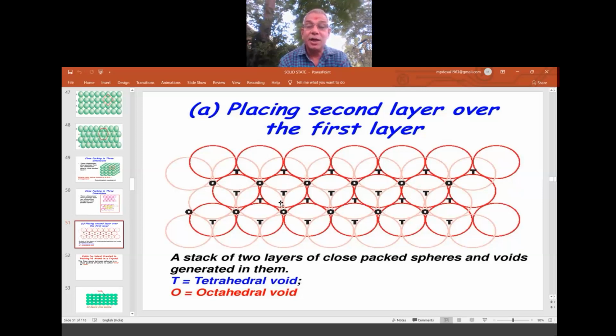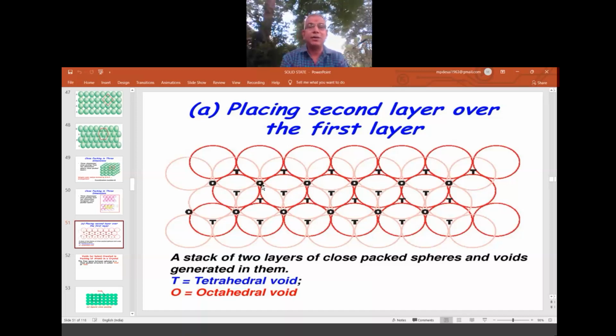Here I have written the English alphabets T and O. What do T and O stand for? T stands for tetrahedral empty space or tetrahedral voids, and O stands for octahedral voids. What are these? These gaps or empty spaces are created by the particles in the structure only.